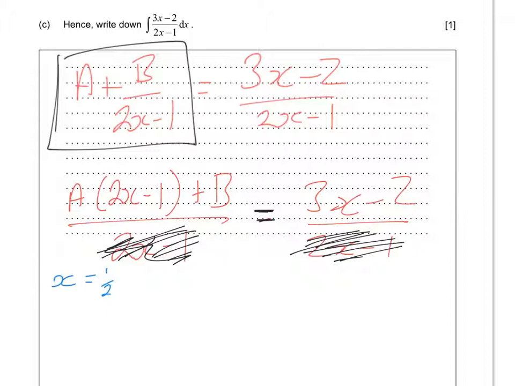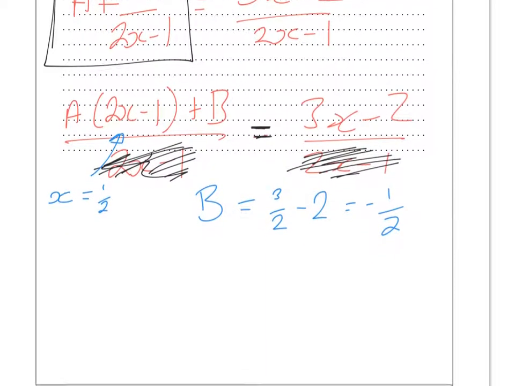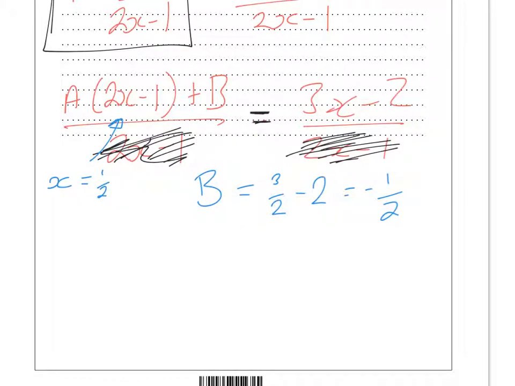Why did I pick x as a half? Well, I picked x as a half because that's going to make that bracket 0. So that will give me b is equal to 3 times a half, so 3 halves minus 2, which is negative 1 half. So that's b. And then I can choose a different value of x. Let's choose 0. So that makes life easy as well.